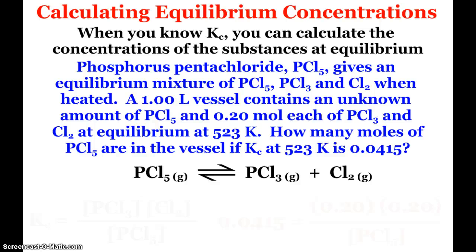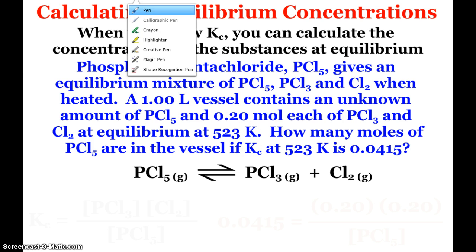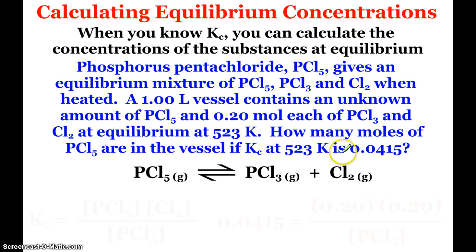So if we have a 1-liter vessel and we don't know how much PCl5 is in there, but I do know there's 0.2 moles of the PCl3 and Cl2, we can figure out that unknown. We do have to know the Kc value, so yes, the Kc is given to us, and you can see it right there, is 0.0415.